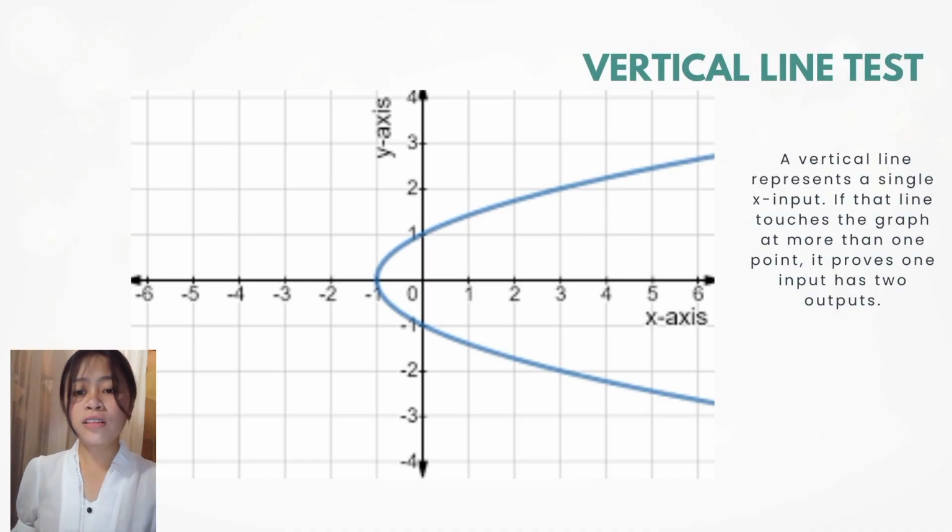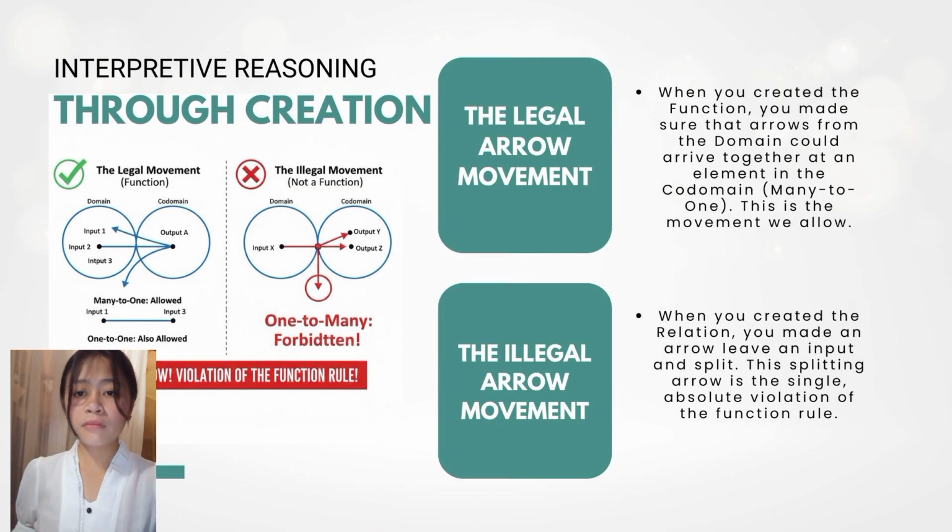Okay, so now let's move to this ultimate test when you create the different types of mappings yourself and explain the rules of the arrows. First is the legal arrow movement. When you created the function, you made sure that arrows from the domain could arrive together at an element in the codomain, or the many-to-one rule, because this is the movement we allow. We only allow it in a function.